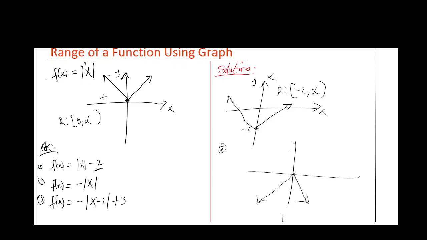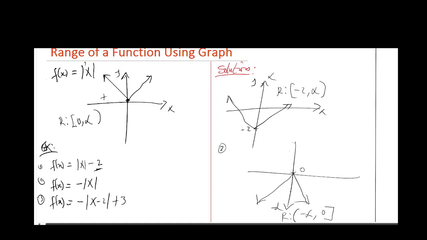Now, how do we write the range here? Since this is 0 and this is our negative infinity, we write from the lowest to the highest. So we are going to have from negative infinity to 0, which is our range.